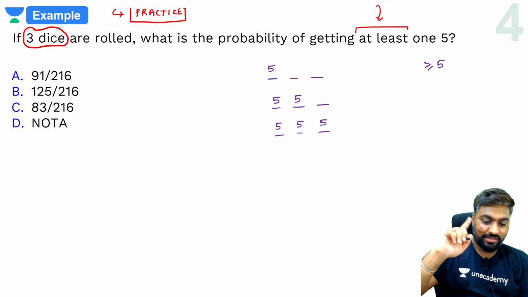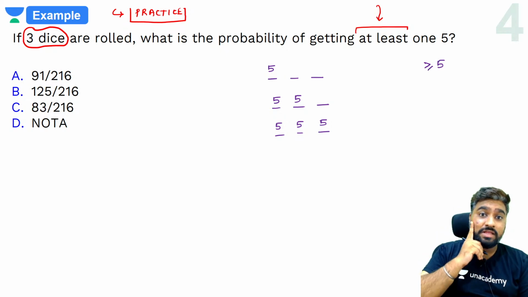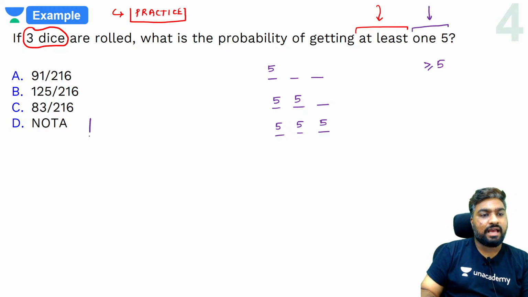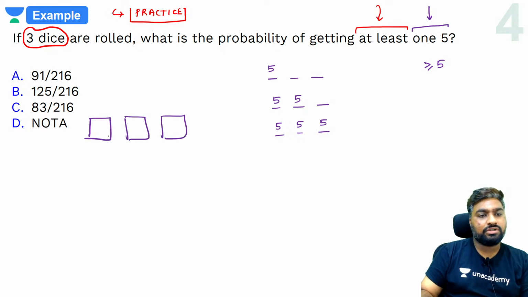Read the question carefully. They're saying there should be at least 1 5. At least one 5 should come. So if we have die 1, die 2, die 3, we should have 5 or some other number, and 2 5s means 2 fives come, and 3 5s means all 3 showing 5.